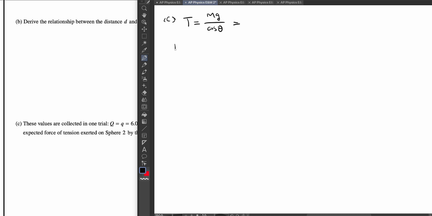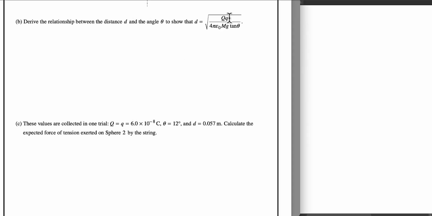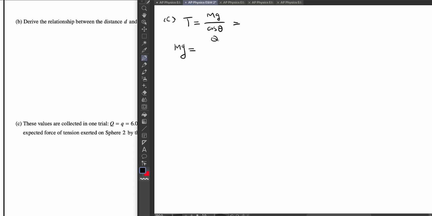So mg equals, we're going to square the equation here, so we get qq over 4 pi epsilon naught, and then divided by d squared, and that's also a tangent theta. Okay, so now let's plug in this expression here.